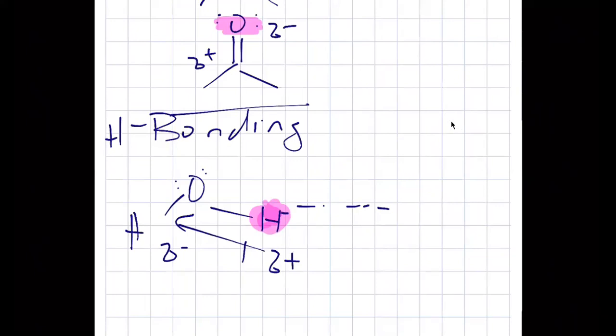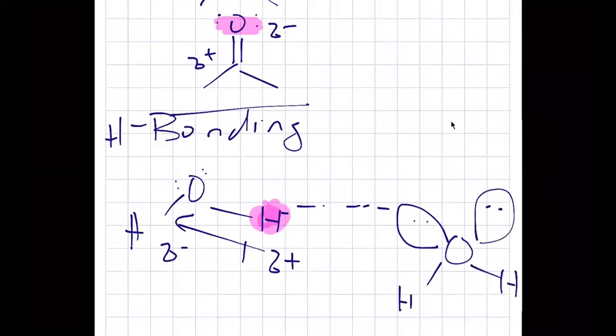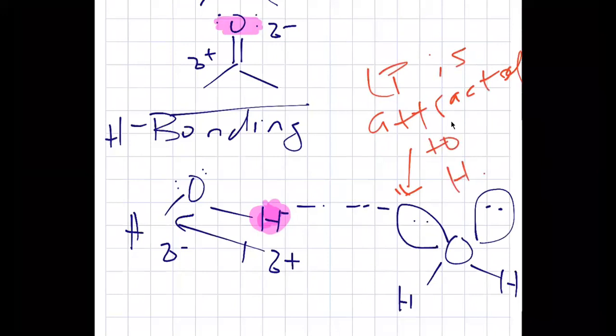I'm gonna draw it this way. Let me write that down. So your lone pair here is attracted to H. Right, so that lone pair is attracted to hydrogen, and so hydrogen bonding is a really strong interaction.